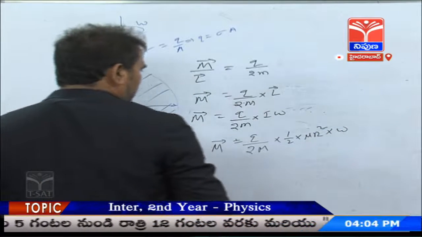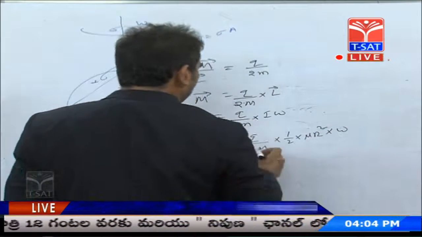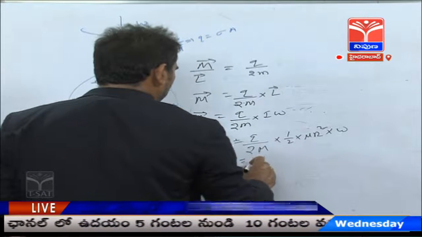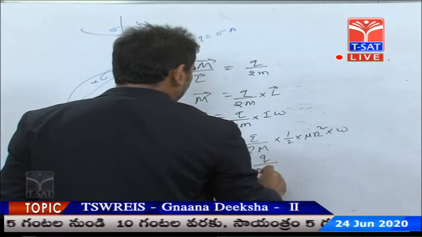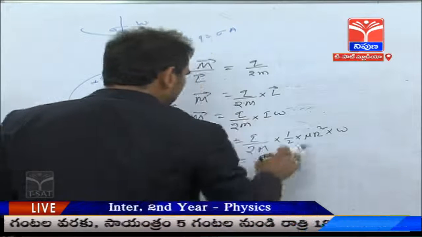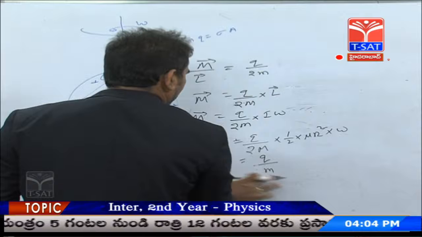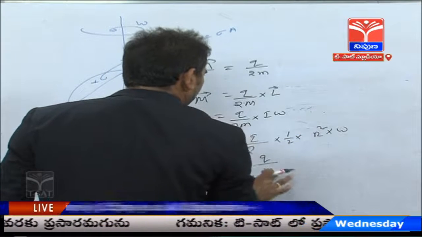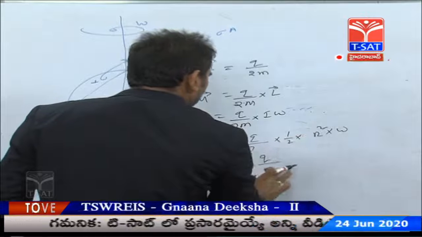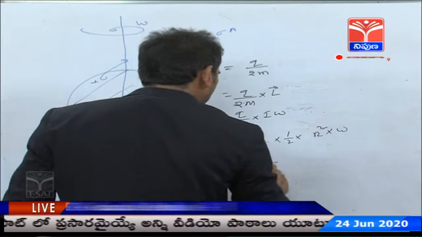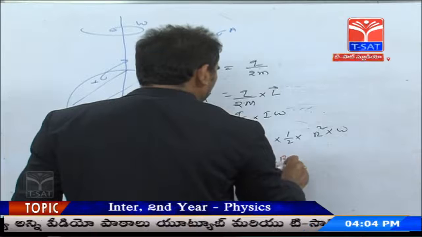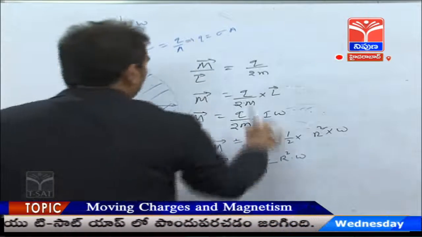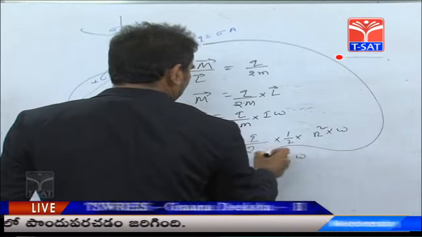Therefore, m bar is equal to q upon 2m into 1 by 2 m R square omega. What gets cancelled here? The mass m and m cancel, and 2 into 2 is 4, so that is equal to q R square omega upon 4. But we already know the q value, so substitute it here.